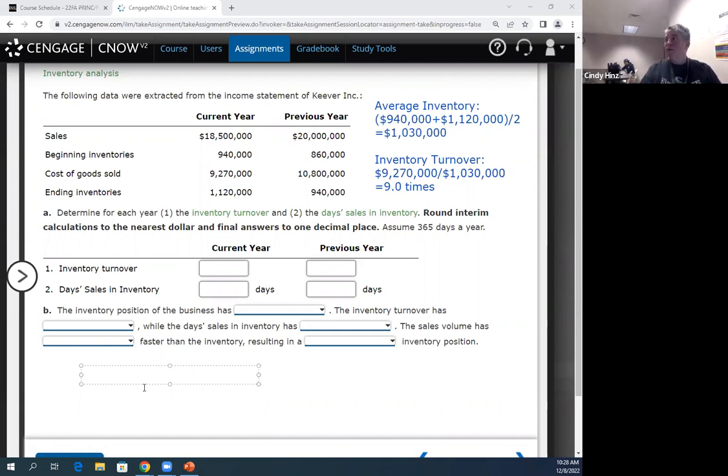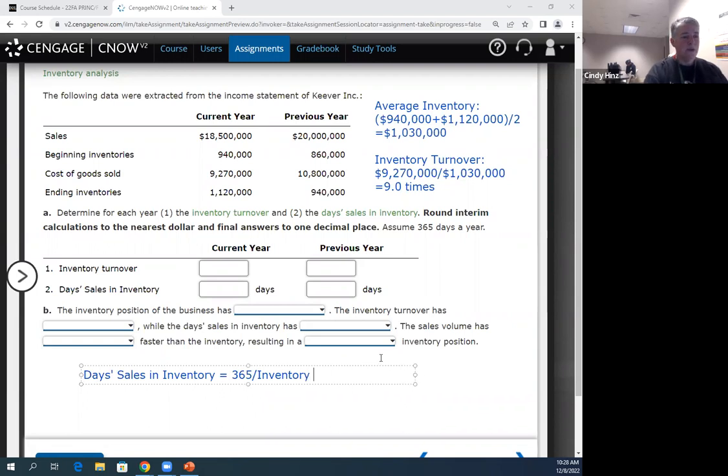But as long as we're calculating inventory turnover first, the days sales in inventory calculation is much simpler than the way they would have you do it. The only advantage I can see to the formula the book provides is that it can be calculated directly without having to calculate inventory turnover first.